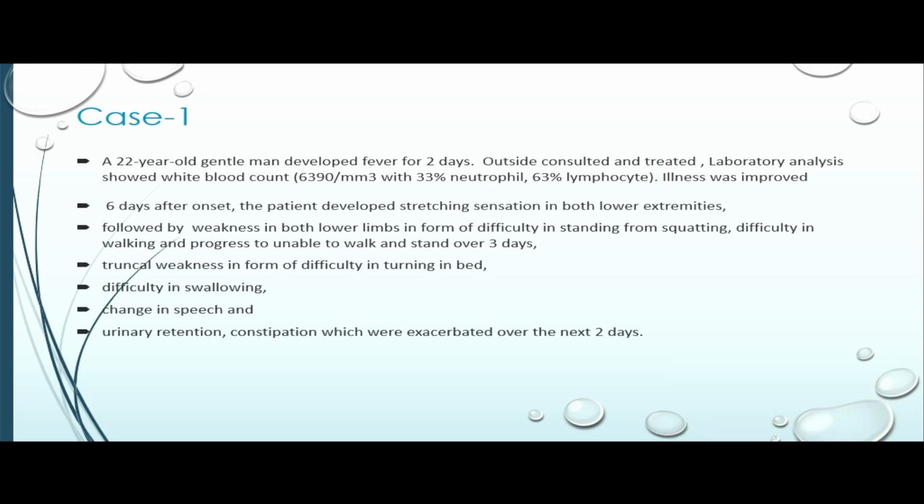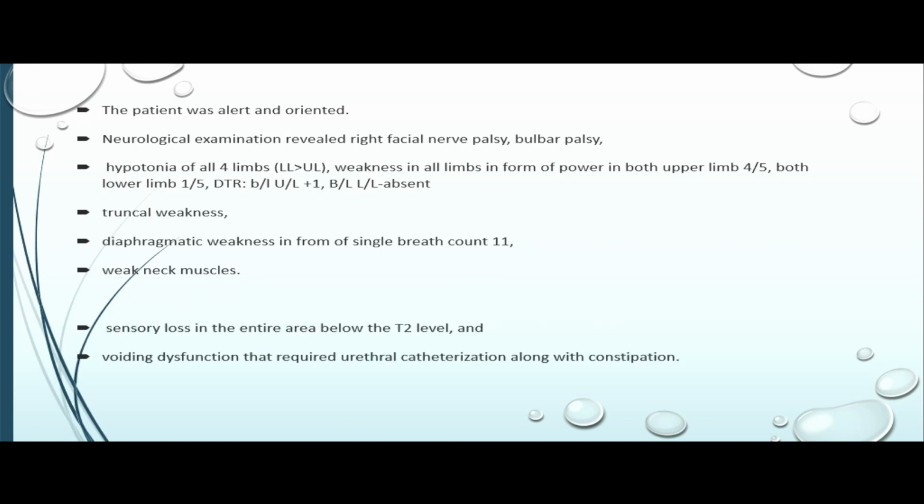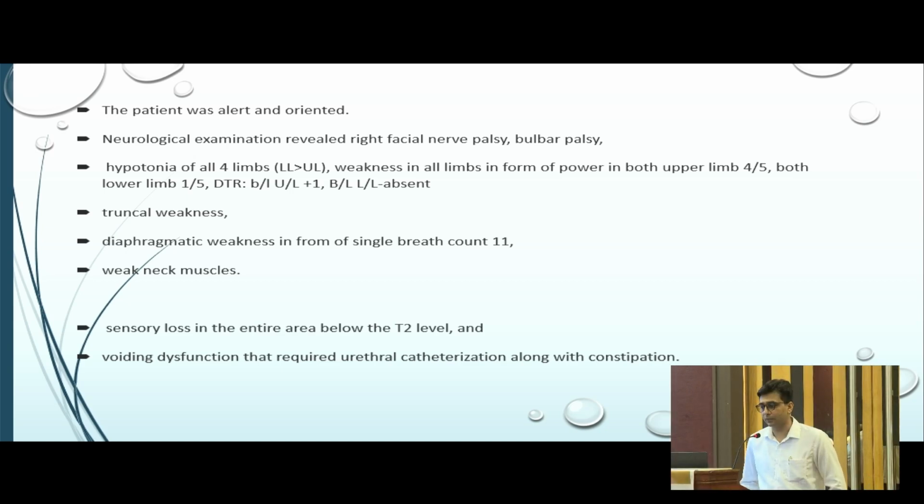So now come to the examination part. The patient was alert and oriented. Neurological examination was suggestive of right facial nerve palsy, bulbar palsy, and hypotonia of all four limbs. Lower limbs are more involved than upper limbs. Power in both upper limbs is 4/5 and in the lower limbs is 1/5.